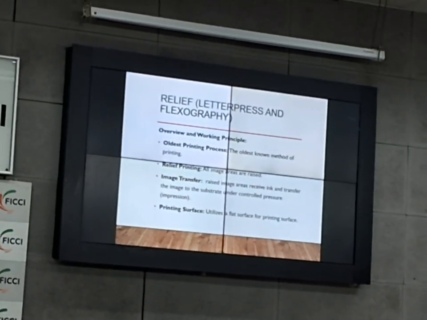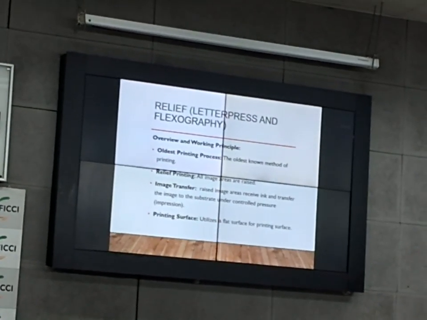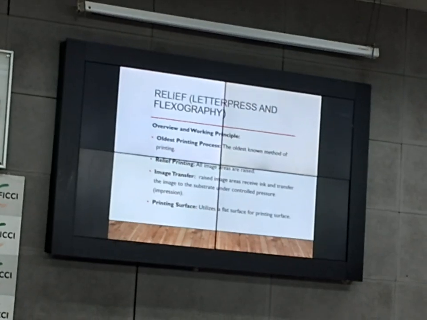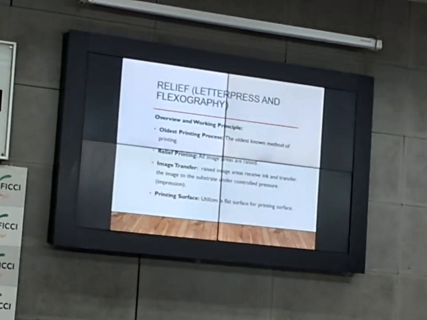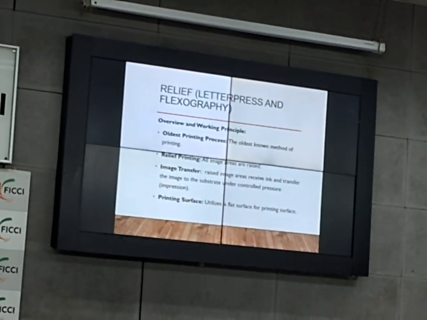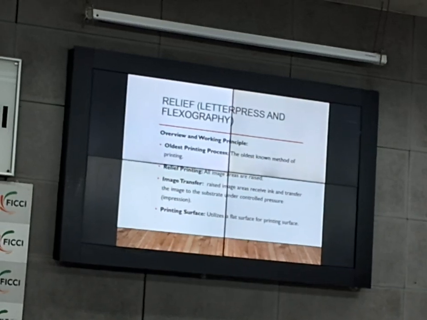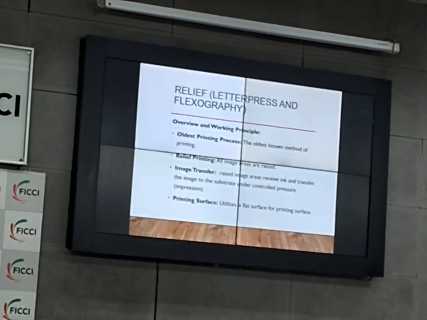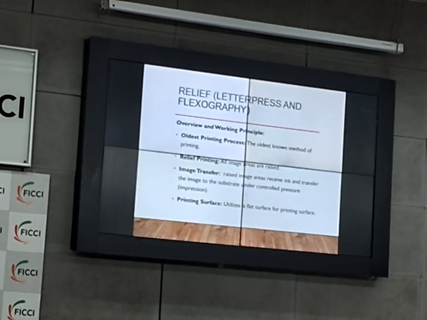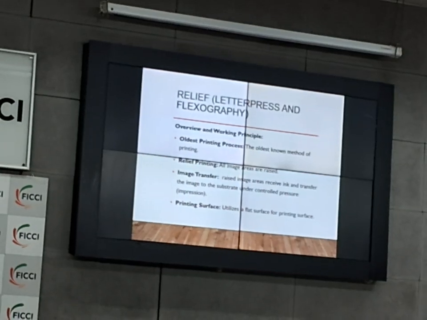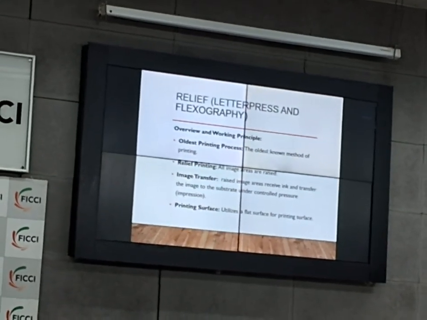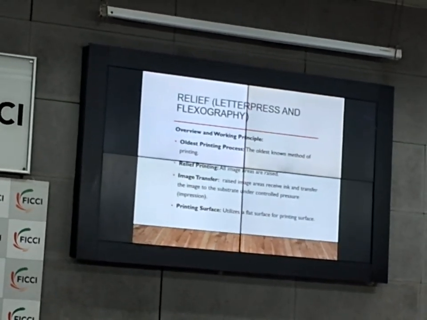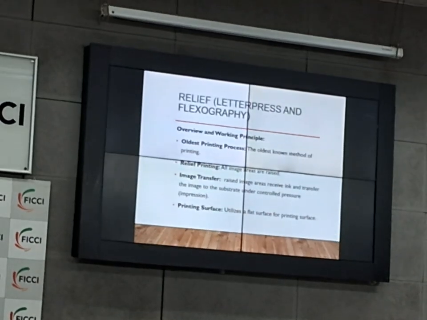Madam, next. So this is just an overview of letterpress and flexography. Flexography is also being used for labels and packaging materials. The basic difference is that in offset printing, the image and non-image areas remain on the same surface, the same plane.